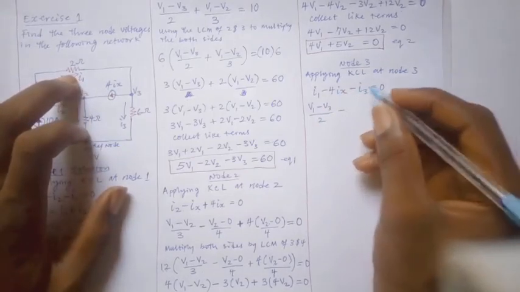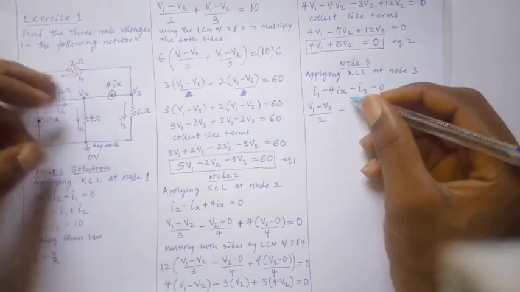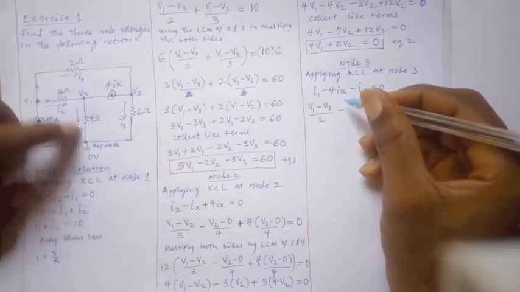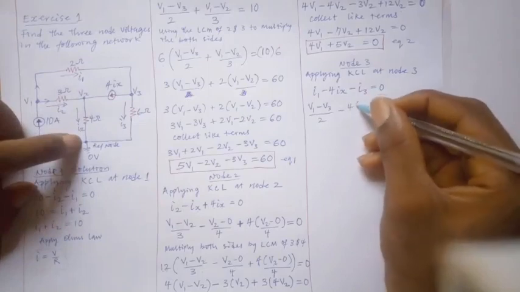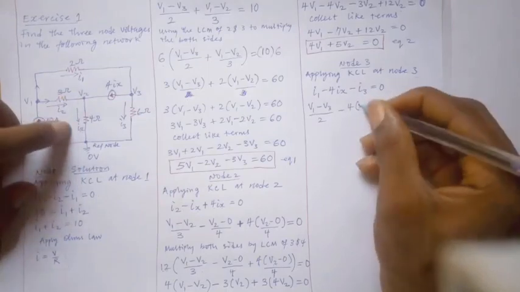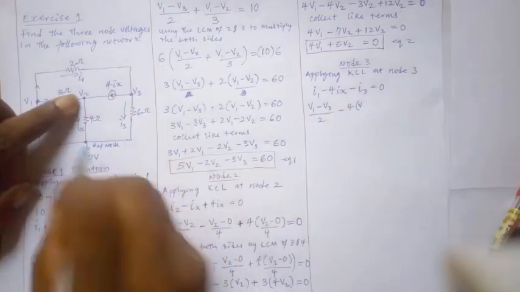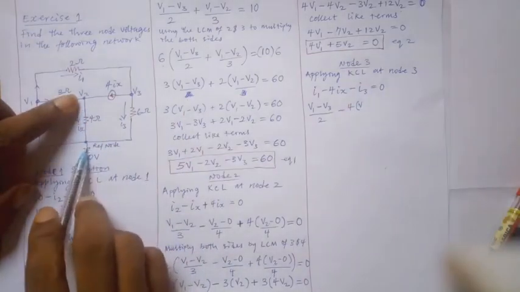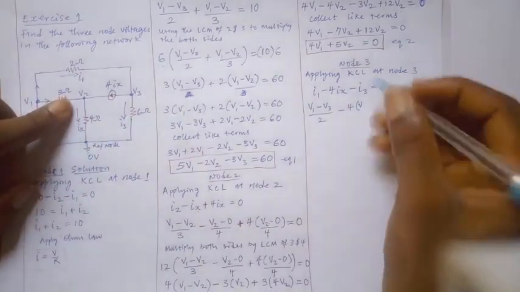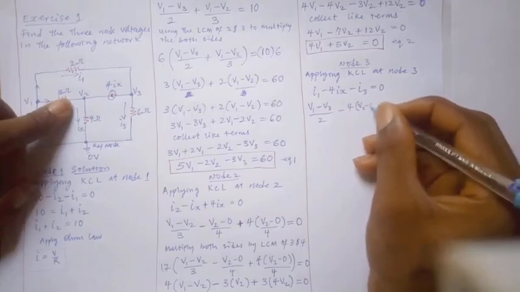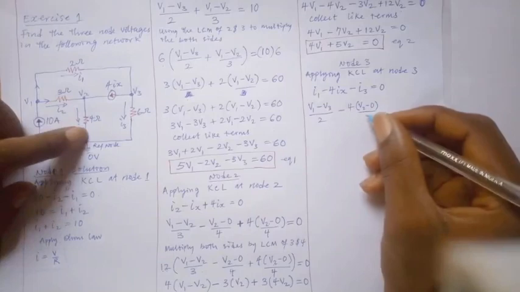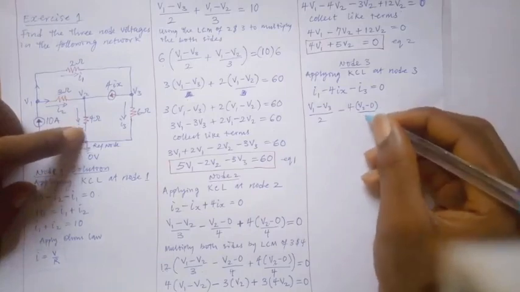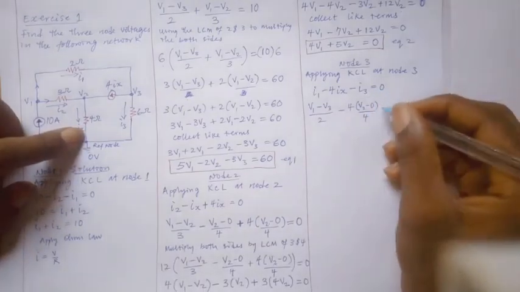You know, we've already gotten ix. This is our ix, the current flowing here. You will use it. 4 into bracket, the ix is V2, V2 minus 0 volt. That is the reference node. V2 minus 0. Just put it. And the resistor between it is 4 ohms. 4.